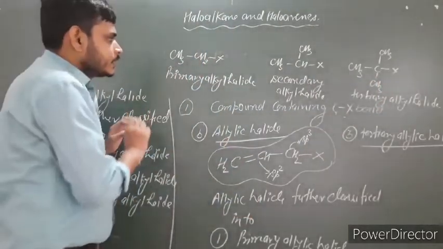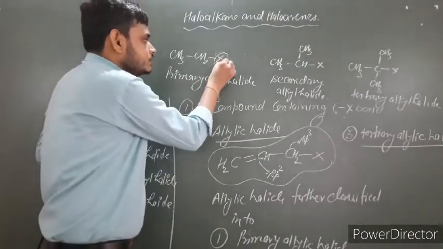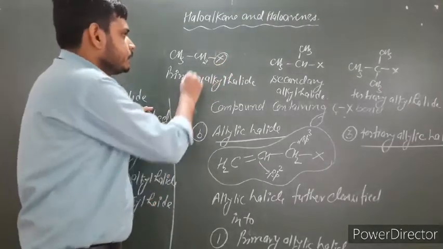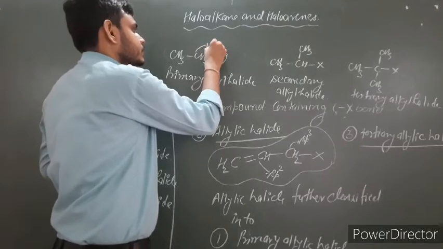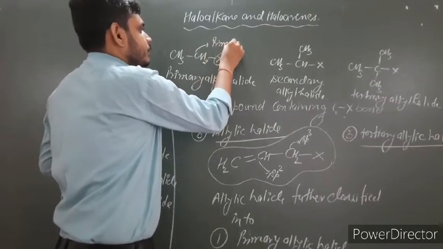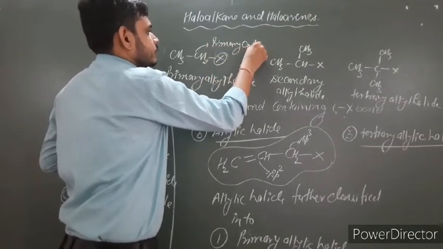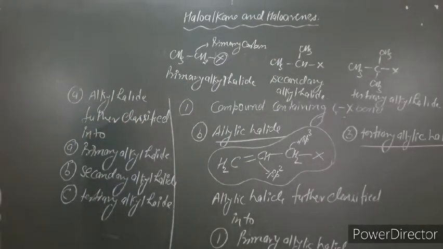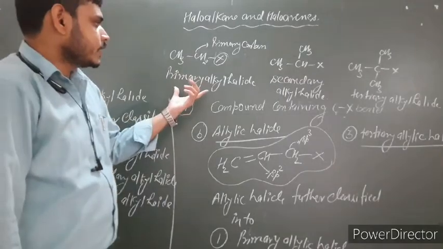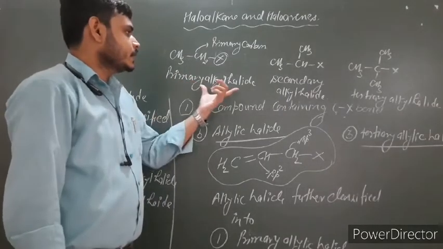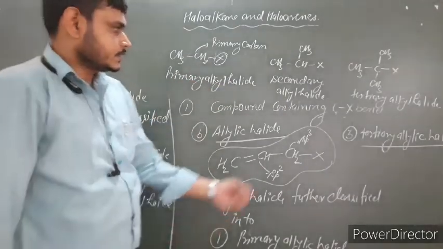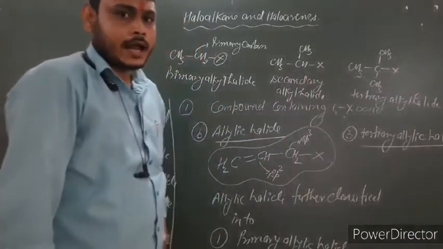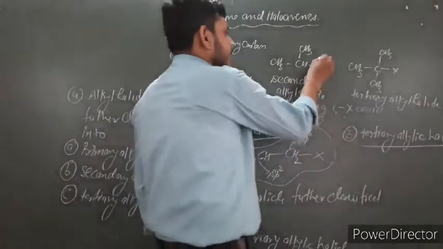This is the primary alkyl halide because the halogen atom is directly attached with the primary carbon. Clear? Primary carbon. So this type of halide is called primary alkyl halide. In this example, the halogen atom is directly attached with the secondary carbon.